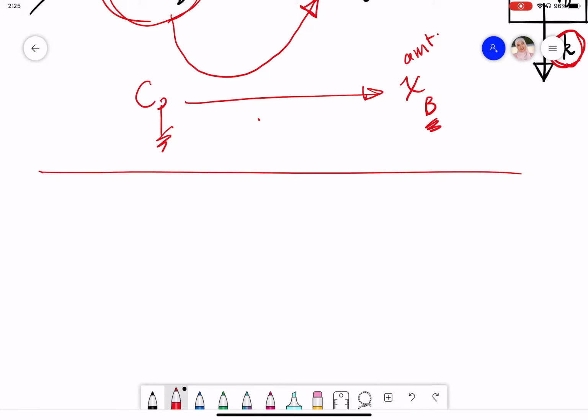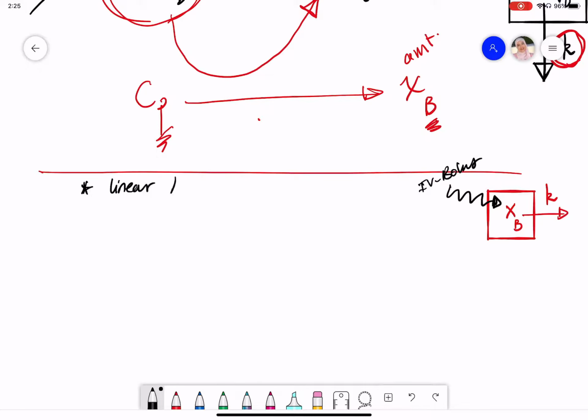Before we talk about this, we need to write the differential equation, right? So we will have amount in the body, and we have an IV bolus taken here, and we need to do whatever we wrote before if we know that the drug is following linear kinetics.